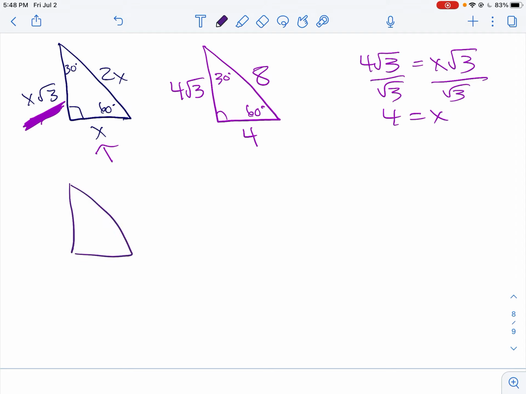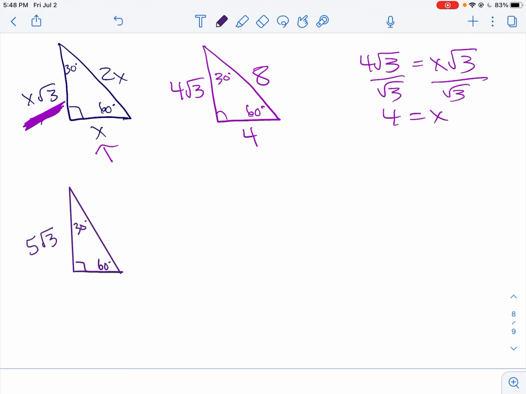Okay, let's try this again. It's a horrible triangle. I forgot I could do that. 30, 60, 90, I'm given 5 radical 3.